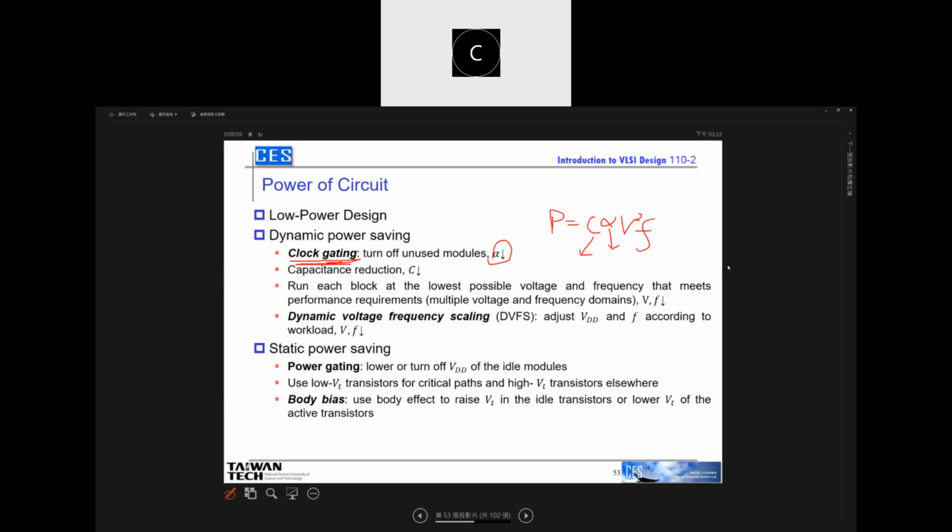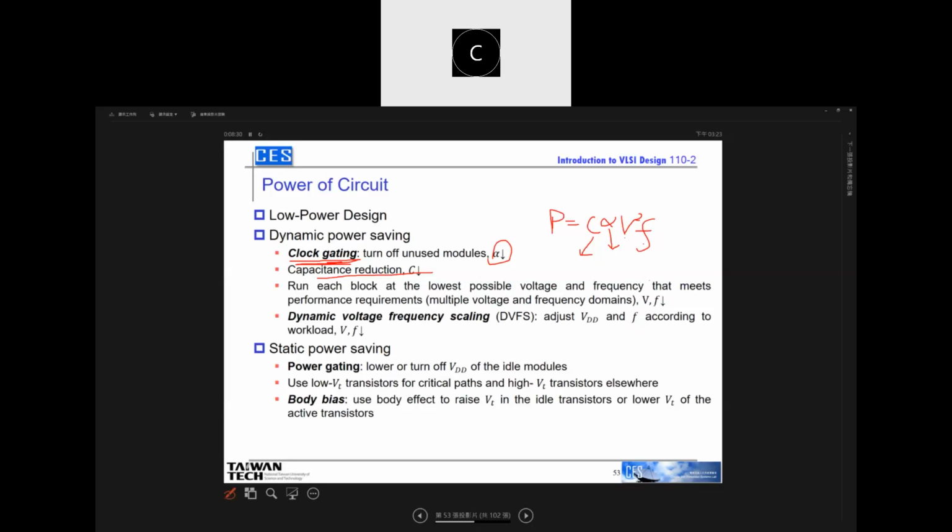Okay, and another very advanced idea is to run each block at the lowest possible voltage and frequency that meets performance requirements. That means to reduce V and F. However, as we mentioned, you cannot always reduce V or F, right?